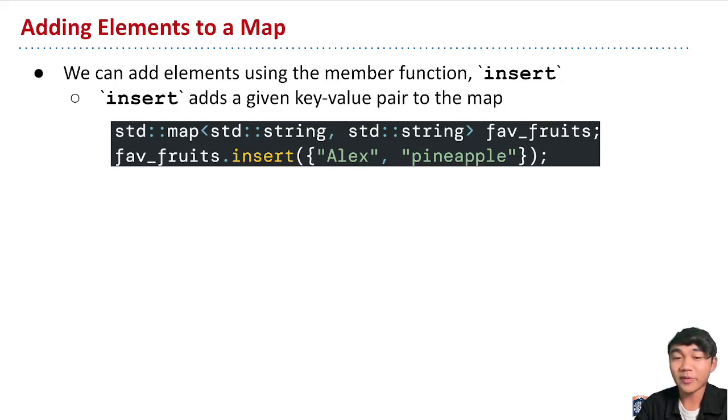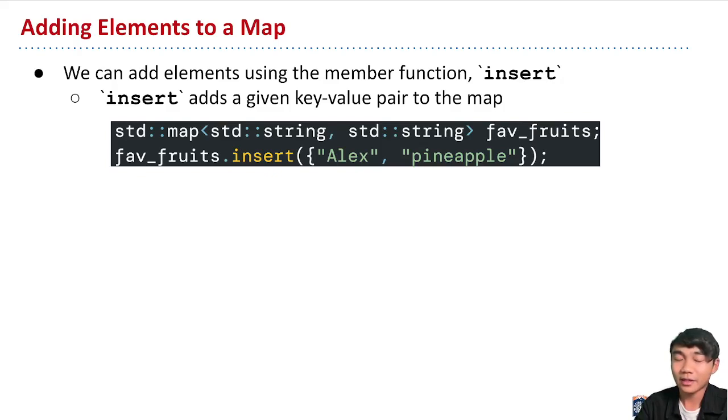So in C++, the syntax for a key value pair will be the curly braces that you see with the key, followed by a comma, and then the value. So within that curly brace is one key value pair, which will comprise one single element within that map.